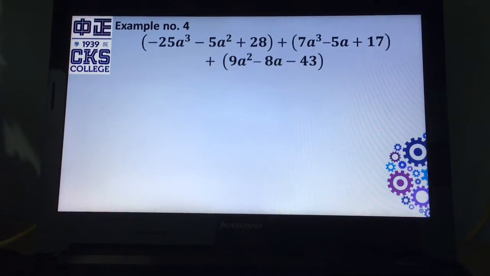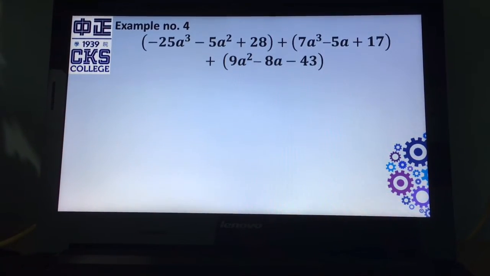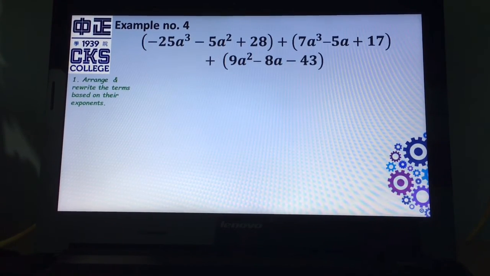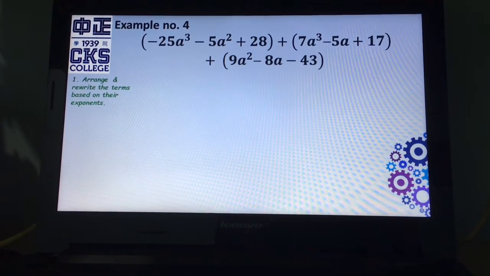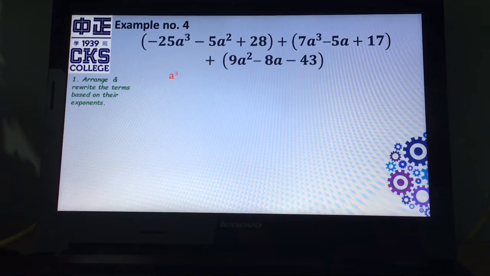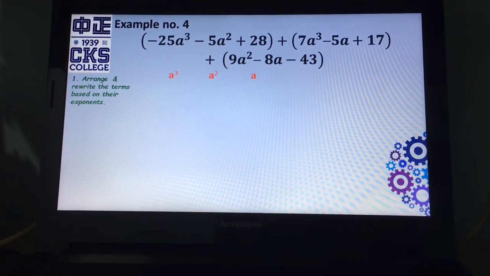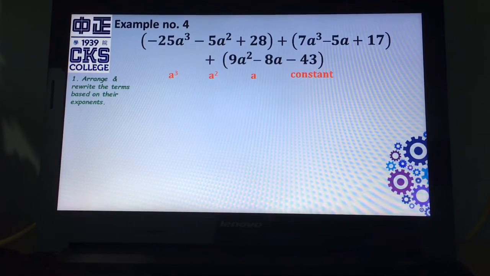So let's go to example number 4. So in here, we'll be adding 3 expressions. So again, you arrange and rewrite the terms based on their exponents. So our variable is a with the highest exponent of 3. So you write a cubed, a squared, a, followed by the constant term.